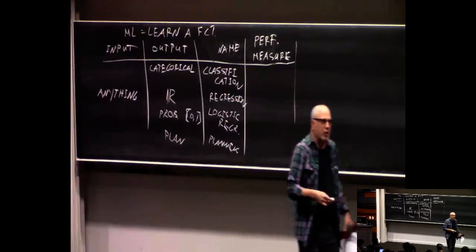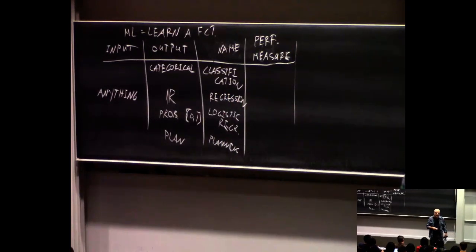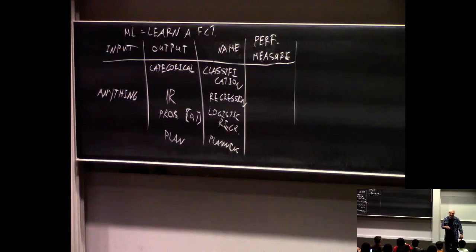What performance measure might we use for classification? Percentage classified correctly, or equivalently percentage classified incorrectly, or error rate, all the same thing. If the outputs are truly distinct categories, they have nothing to do with each other, that's kind of the only measure.